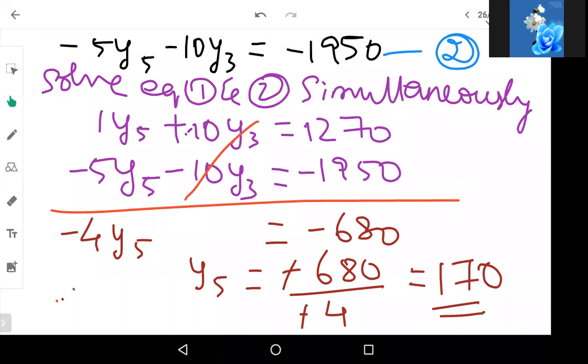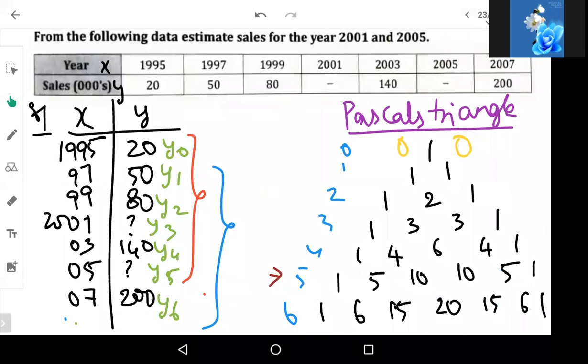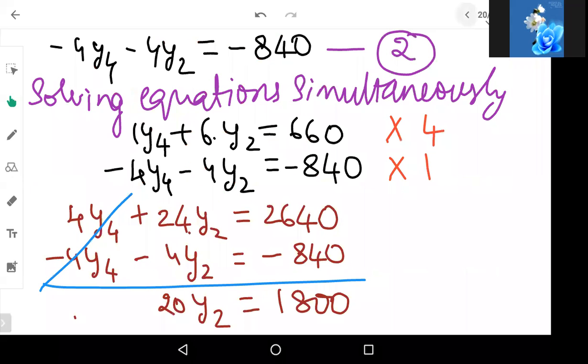You mean the multiplication part, Khila? I multiplied with that is because I wanted to make, look here, 2 equations are there. I want to make the coefficients as same. So that is why I multiplied with 4.